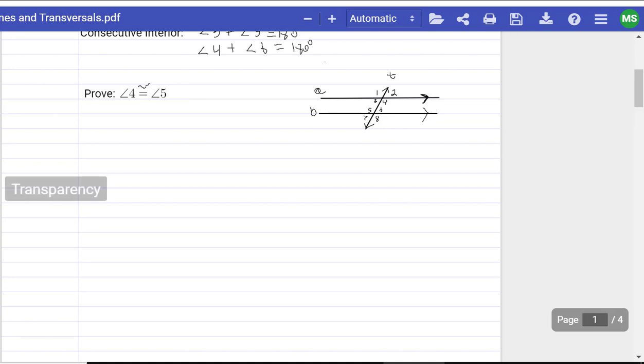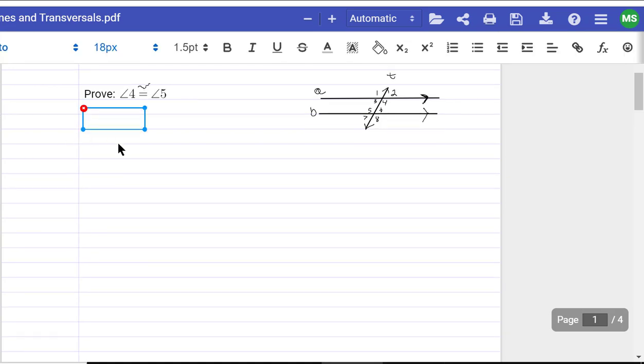Well, the first thing that it doesn't tell us, but we can write in, is the given. We understand that line A and line B are parallel. We know that because it is labeled.